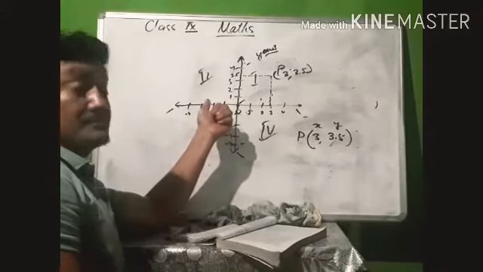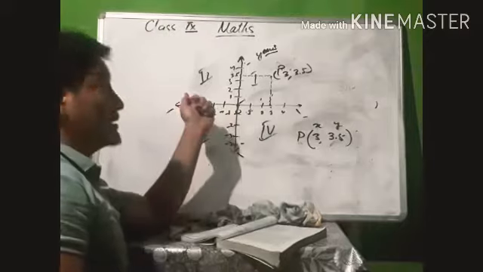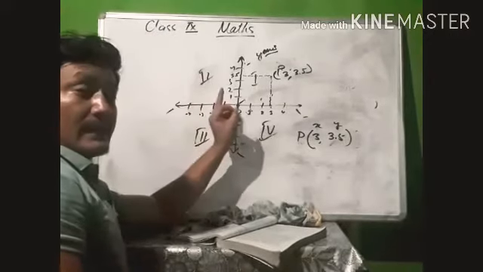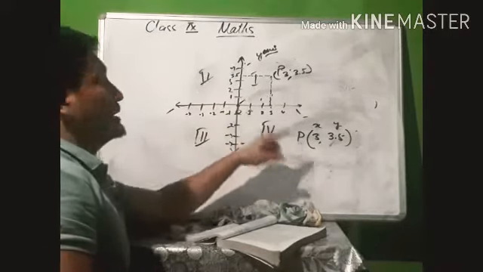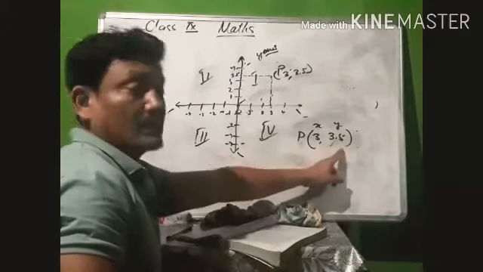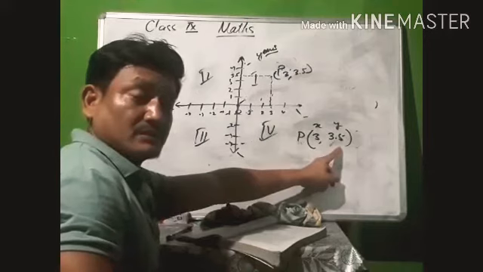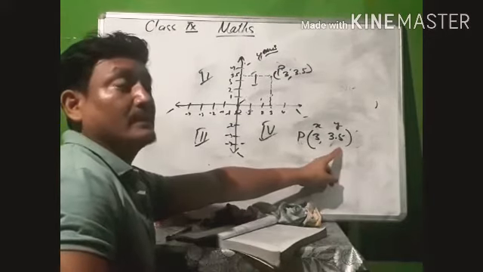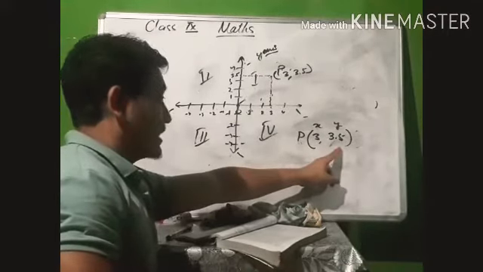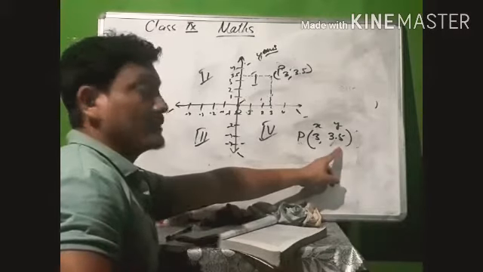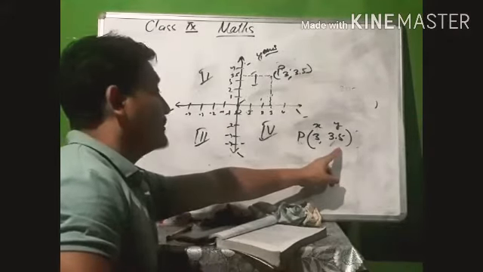If the question comes as where in quadrant number 1, to get the accurate position of point P, you have to show the coordinates of x and y, that is 3 and 3.5. This helps us come to know the accurate position of point P.